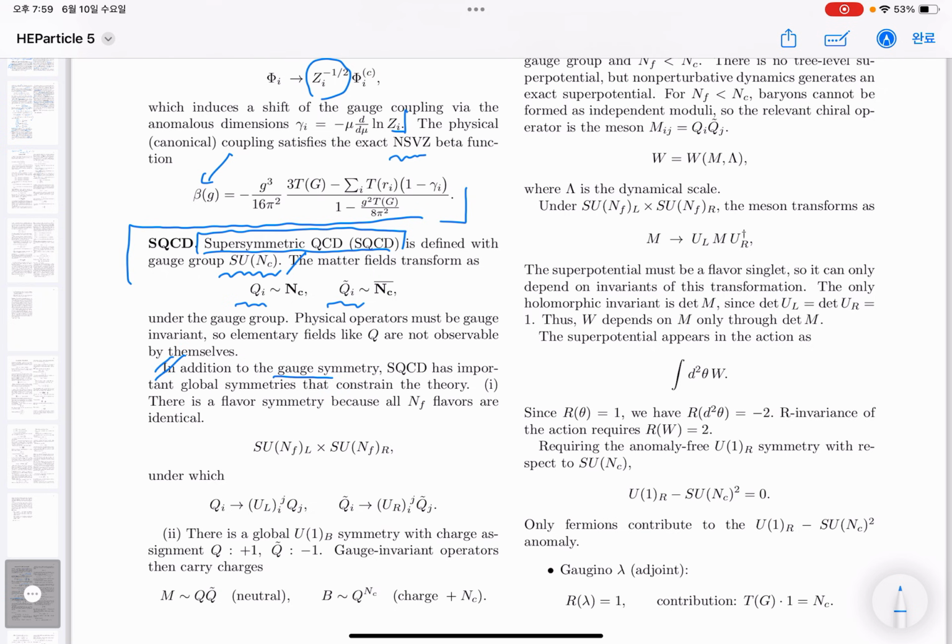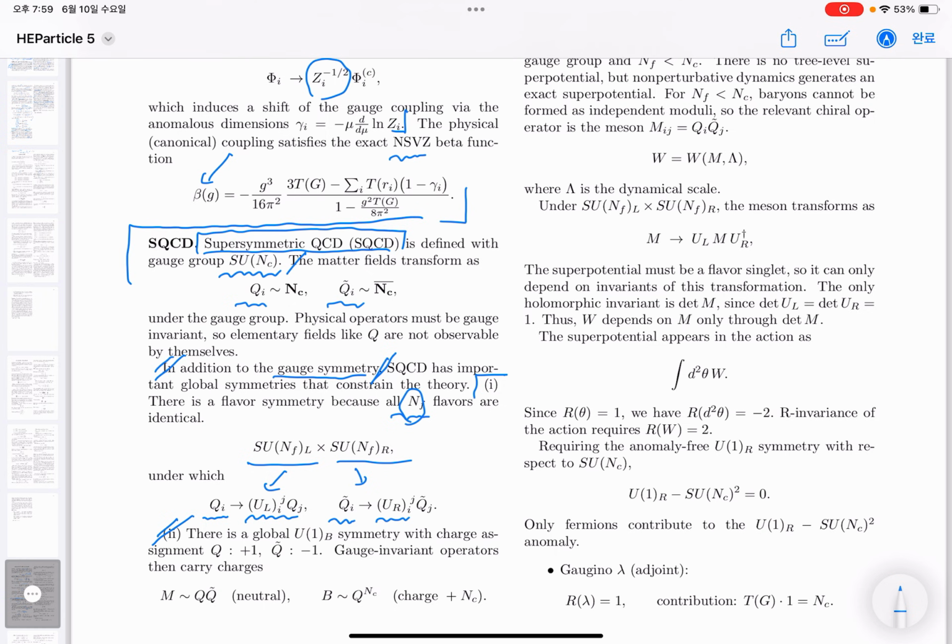Besides the gauge symmetry, we can also impose global symmetry on this SQCD theory, for example, the flavor symmetry with the number of flavors denoted as NF. Then there are left-handed and right-handed flavor symmetries, just like non-SUSY QCD. The matter fields transform under the left-handed one, but its conjugate transforms under the right-handed one.